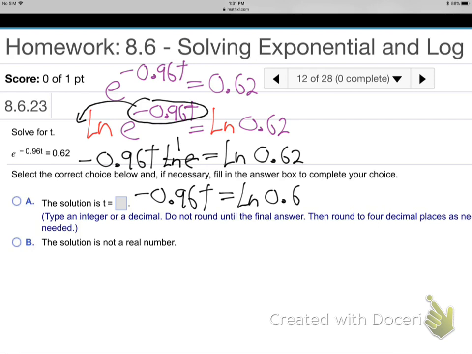We good to there? And now we just divide by negative 0.96 on both sides. So t equals, somebody got that? ln 0.62 divided by negative 0.96.